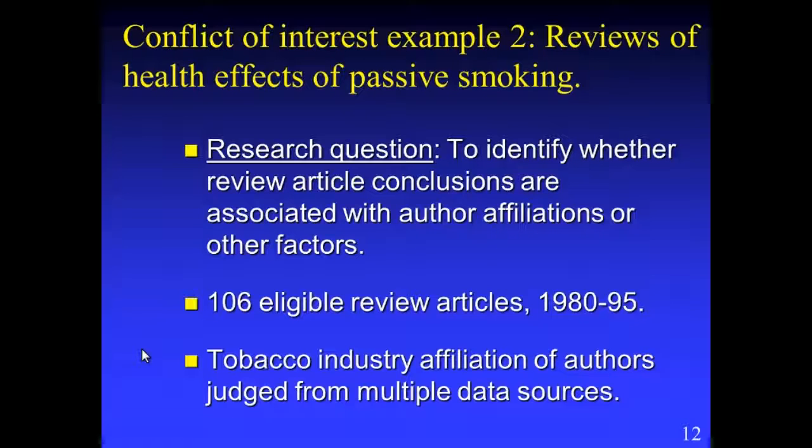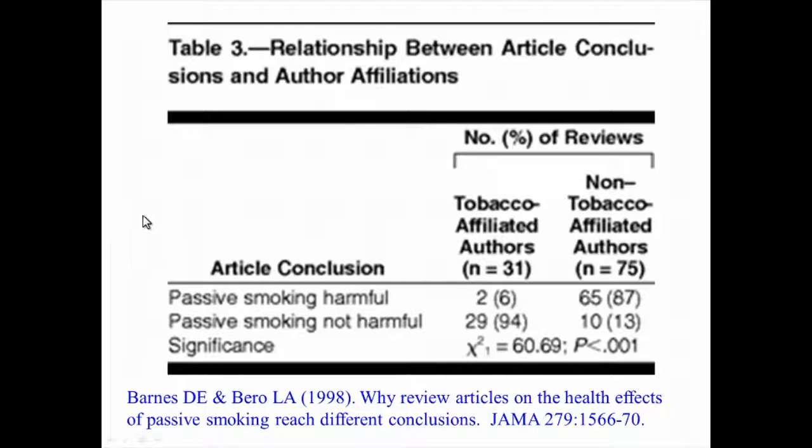Professor Stan Glantz has been instrumental in putting this online, so it can be searched to see who the authors are, to see where the authors appear in the tobacco industry database. And so they carried out a statistical analysis. This is Barnes and Bero, and they are in fact from UCSF, Stan Glantz's group, I think.